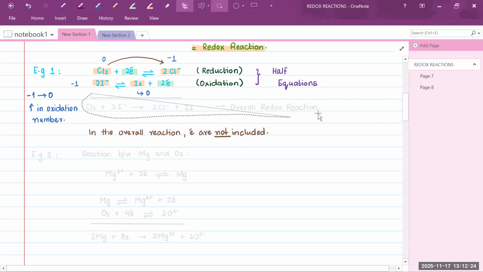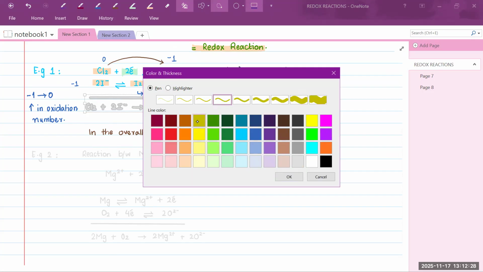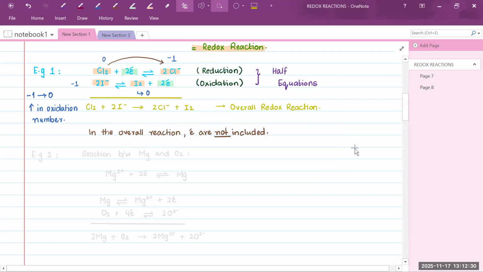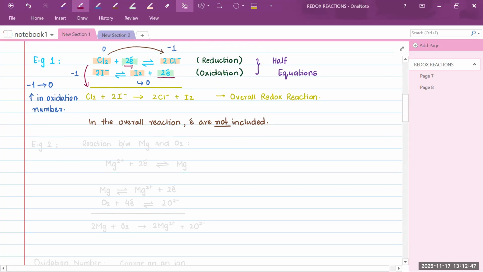So the overall redox reaction for this equation will turn out to be this. We can see we have Cl2 here. Since we have two electrons on the reactant side and two electrons on the product side, they'll be getting cancelled.